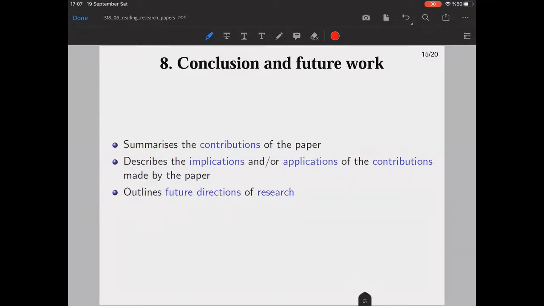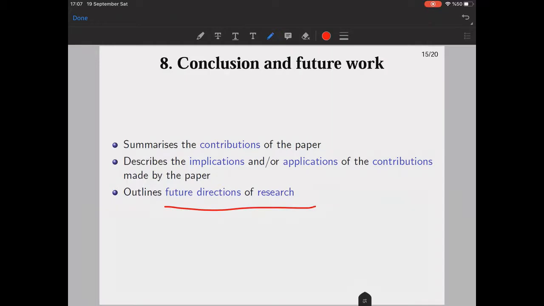You should address your contribution, and it describes the implications and applications of the contributions made by the paper. Yes, this should be underlined, your contribution, and it outlines future directions of research as well. Okay, what can be done more? It is also interesting to direct research or to set some trends for the future.